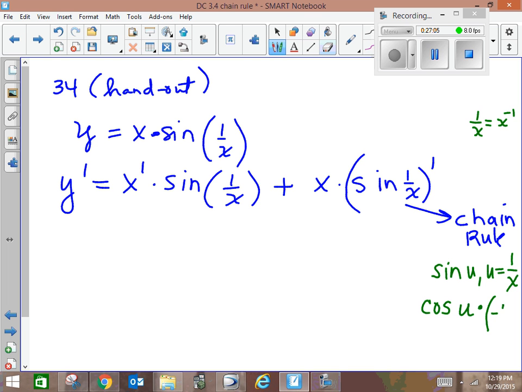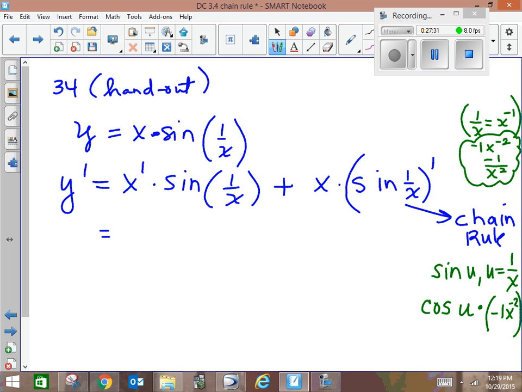It'll be negative 1 over x squared, or x to the minus 2, whichever you like. That's what I'm going to put in there.